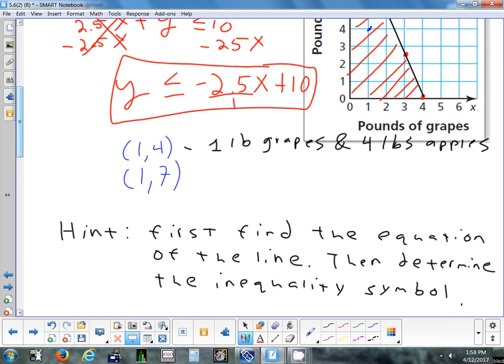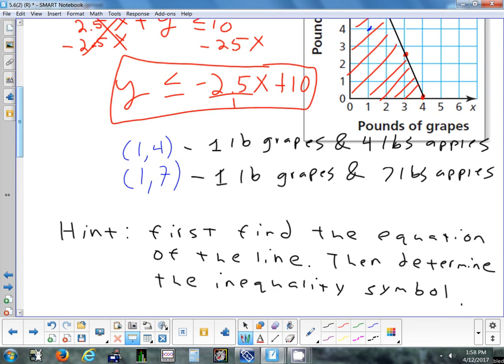That's what you bought. And if you bought that, you wouldn't spend over $10. How about 1, 7? What does that mean? What did you buy for the salad in that case? 1 pound of grapes and 7 pounds of apples.